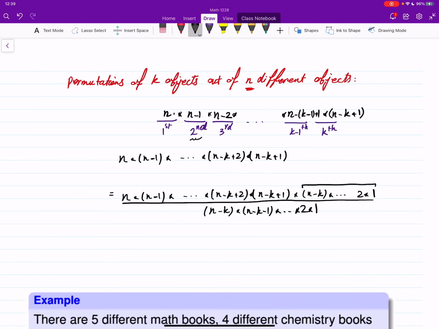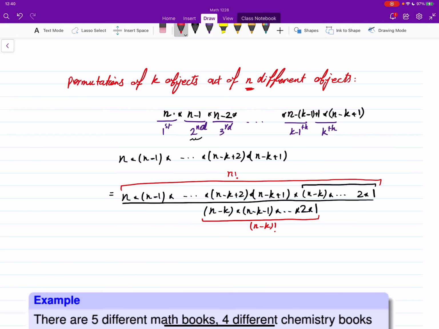But if you look carefully now, in the numerator, what we have generated is n factorial. In the denominator, what we have generated is n minus k factorial.